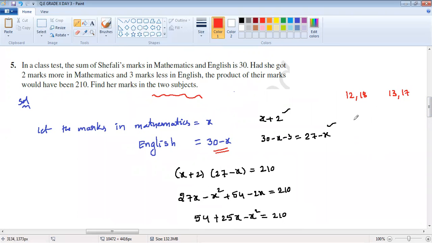Sir, both we can take. Okay, let us do x plus 2: 12 plus 2, 14. Then 27 minus 12, how much? 15, right? Find the product. Is it 210?